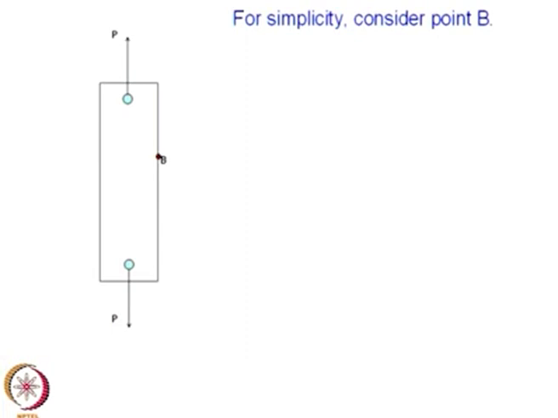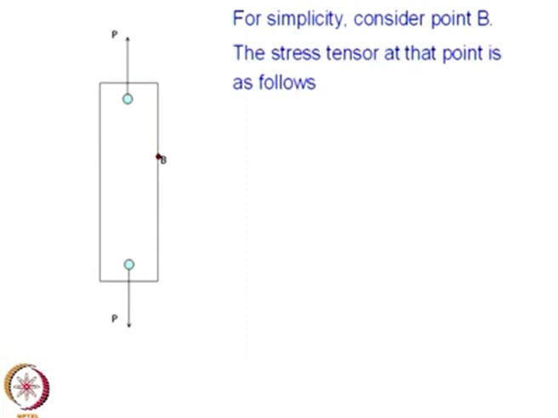We will take the stress tensor at the point, and that is given like this, because I have the y direction on this. I have some value; if I know the cross section, I can find out the stresses, and it turns out to be some magnitude A. So, the stress tensor for this problem is given in this fashion.